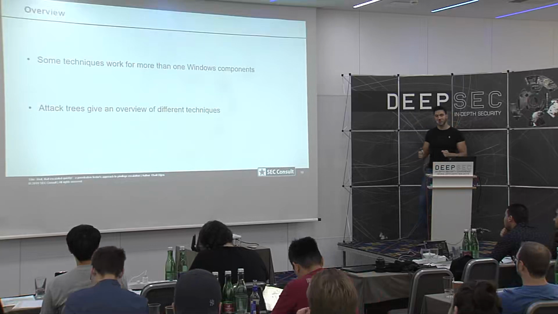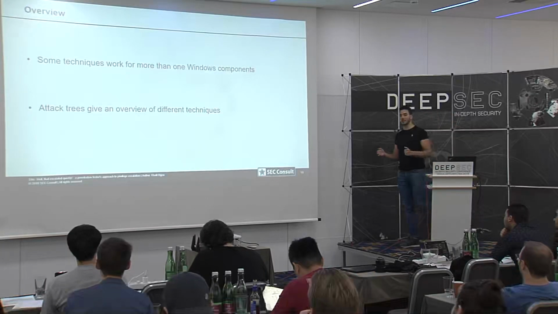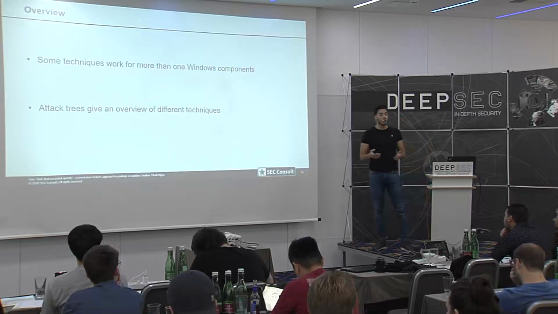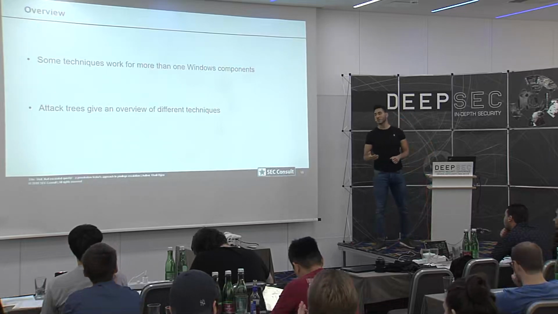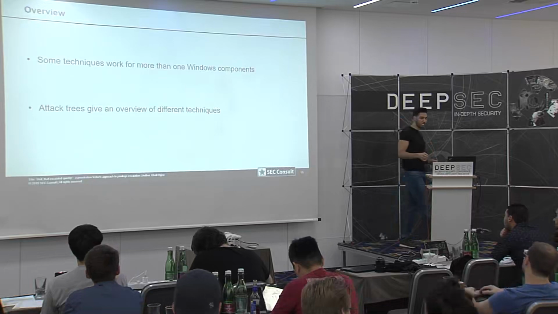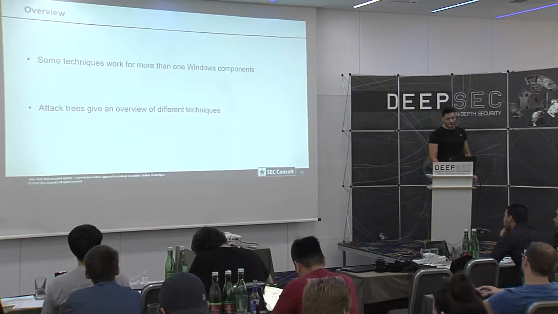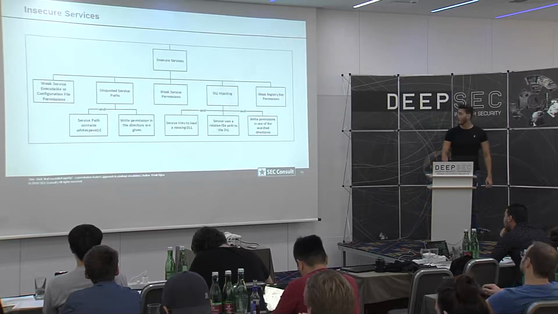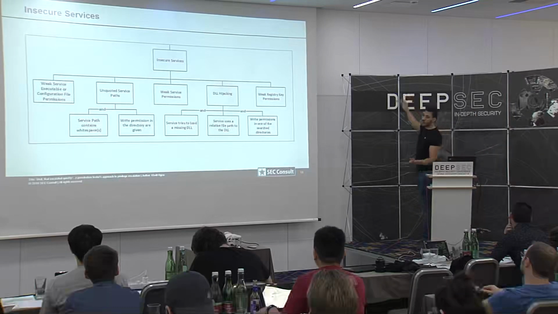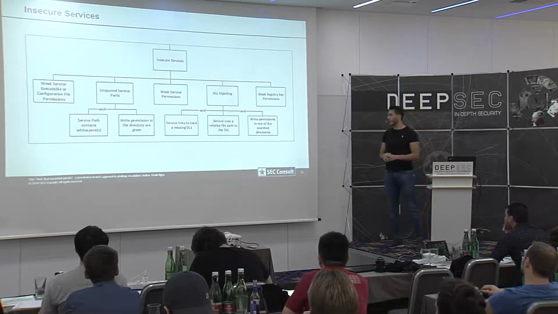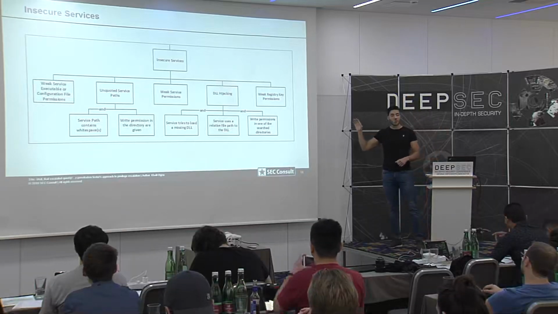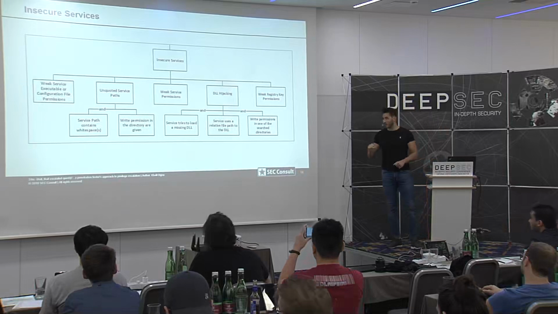I just mentioned that startup programs and scheduled tasks are very similar to services, which means that the attack vectors for these two components are also quite similar. And I'm going to use an attack tree to give an overview of the different techniques. This is part of a bigger attack tree that I have created, and it shows you which different attacks there are to exploit an insecure service.